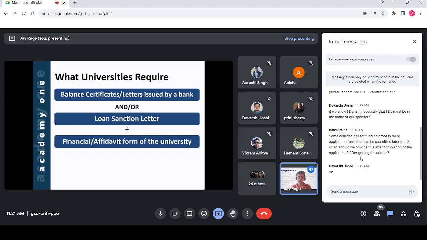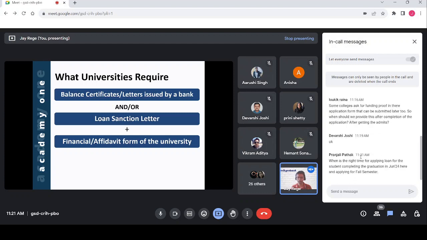Within 7 days, the university sends you a login access to their individual portal, and there you upload the financial documents. Until you upload them and they are accepted, your application will not be reviewed.